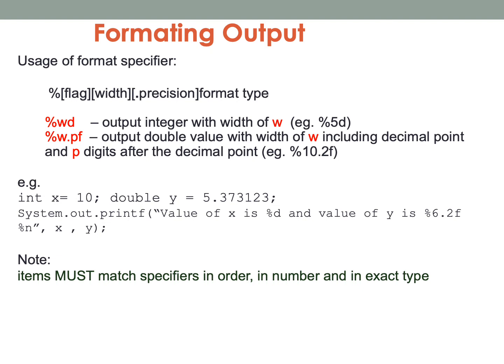We also have %n, which means that at the end it will go to the next line. If you have the format type and items in the incorrect order, you will get an error when you try to compile it. So it is important that the items must match the specifiers in the correct order.